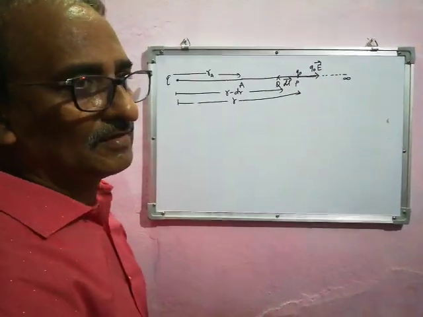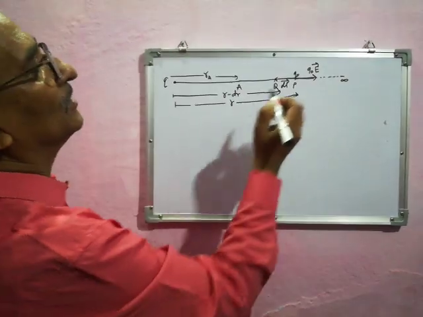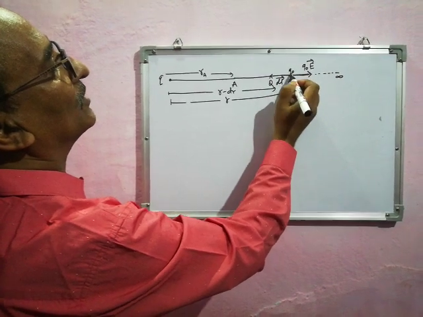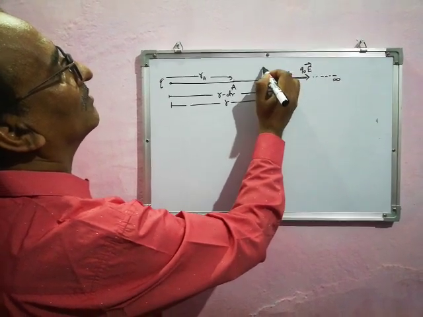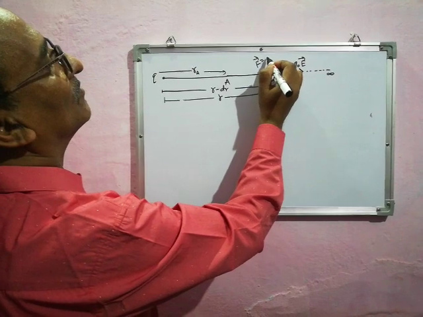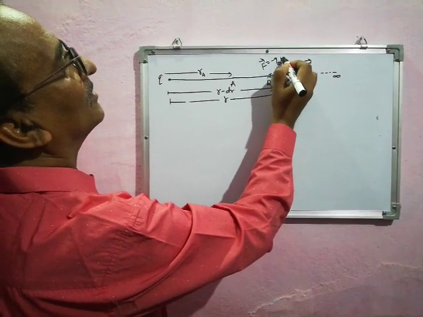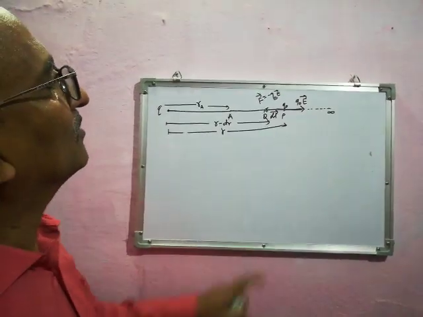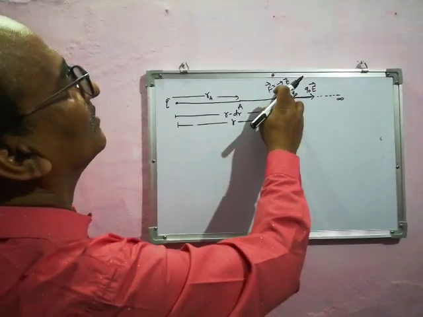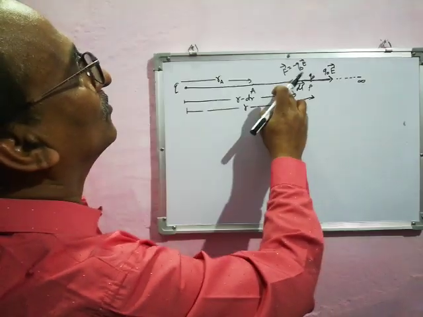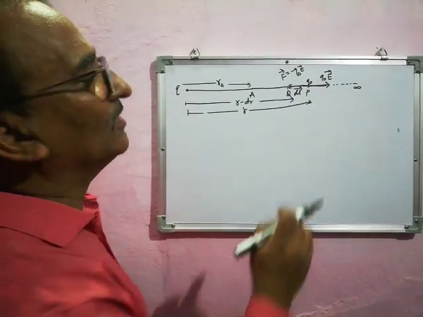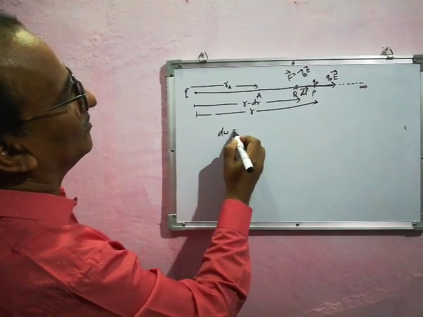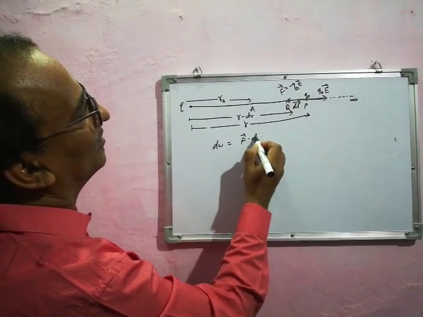Now, in order to bring the test charge from P to Q, we have to apply a force in the opposite direction, represented by Q naught E. This is the force applied to bring the test charge from P to Q through an infinitesimally small displacement dl. So the work done will be F dot dl.